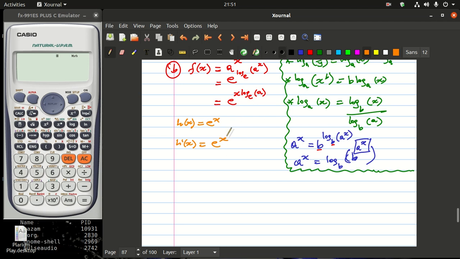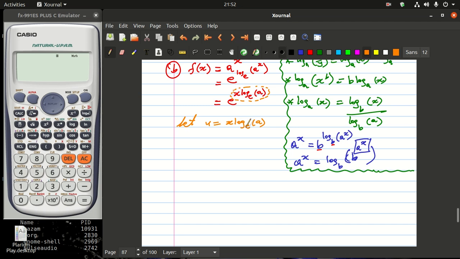But now the issue that I have, instead of having e to the power x, is that I have another thing that is sitting in the place of x here. Because I have something sitting there, I am going to let that thing be u. So I'm going to let u equal x times log e of a.